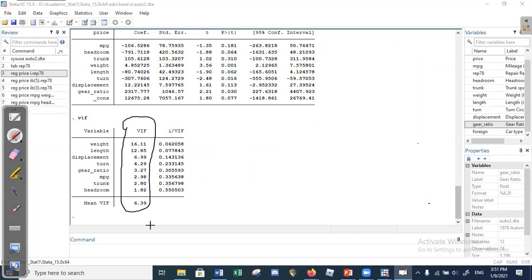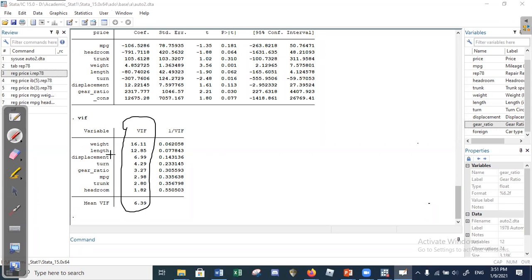These show the VIF, and these VIF values are arranged in order of their size. Although the first explanatory variable in our model was MPG, the second one was headroom, as you can see, weight is written first here because the VIF calculated corresponding to weight is the highest. So it has been sorted just to make it easy.